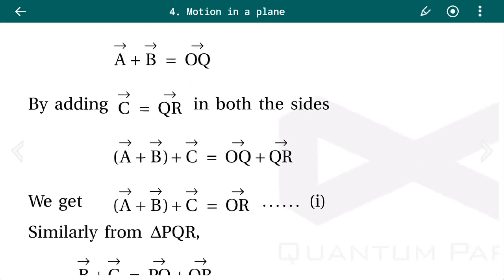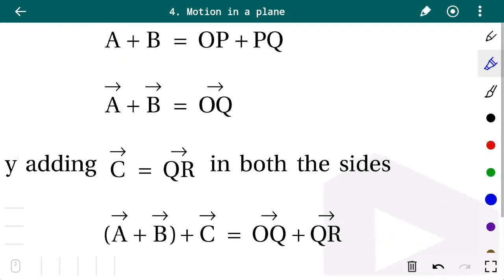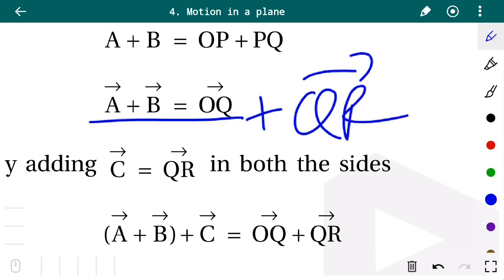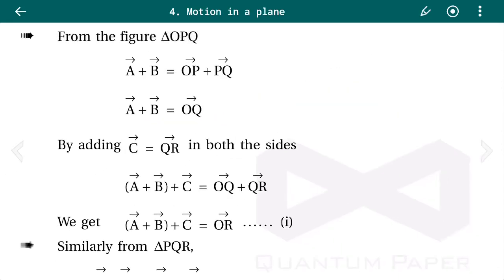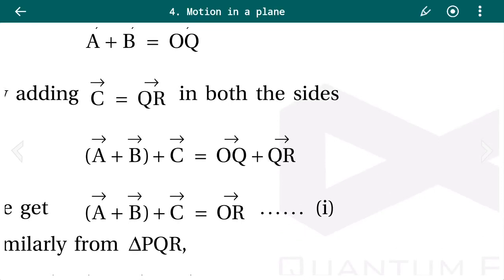So in this equation, vector A plus vector B, I am going to add vector C. On the left hand side I can write vector A plus vector B plus vector C, and vector C is equal to QR. So on the right hand side I just need to add QR. So vector A plus vector B in bracket plus vector C is equal to OQ plus QR.